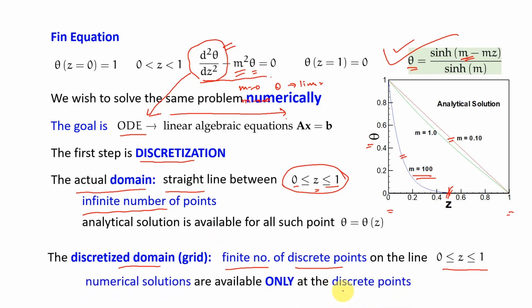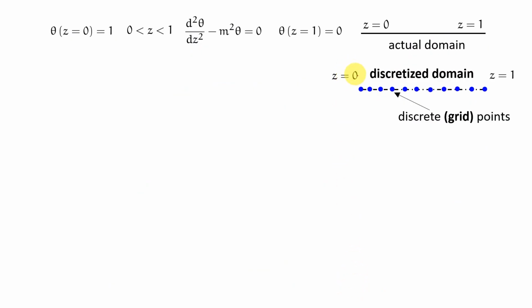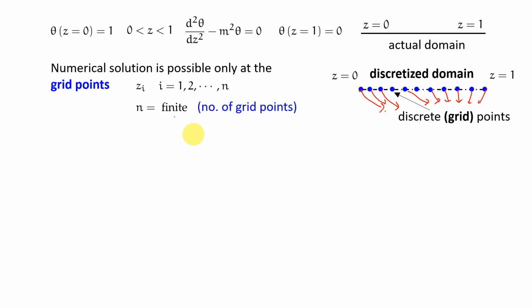And let us now see how to discretize the domain to begin with. In a discretized domain, we will have these grid points here, and the solution will come only at these grid points.